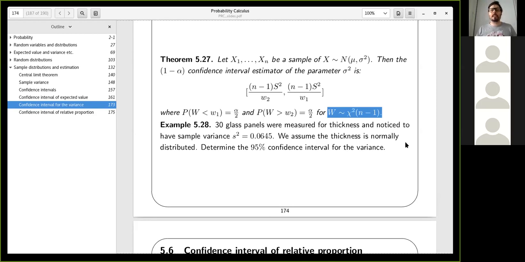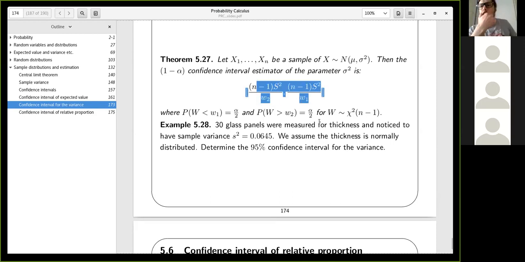The thing about this is that because W1 and W2 are divisors, the weird thing is that the wider this distribution is, the narrower this confidence interval estimator is, because these divisors will be larger values. That's how it goes.